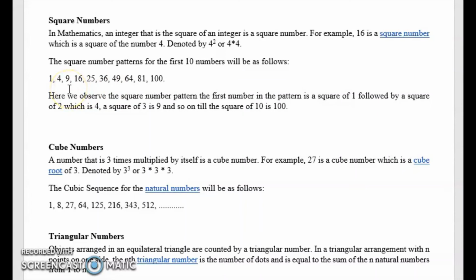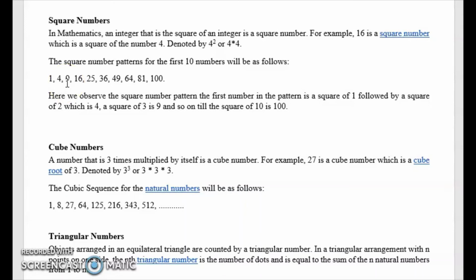So, ang gagamitin natin dito is counting numbers. Magsisimula tayo sa 1, 2, 3, 4, 5, 6, 7, and so on. First, 1 times 1 equals 1. Anong susunod sa 1? 2. 2 times 2 equals 4. Anong susunod sa 2? 3. 3 times 3 equals 9.